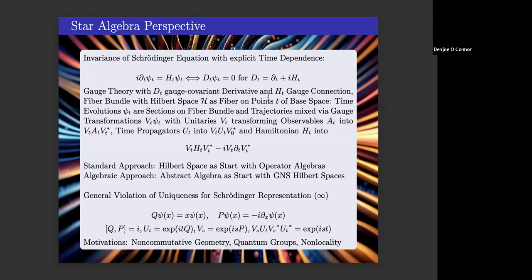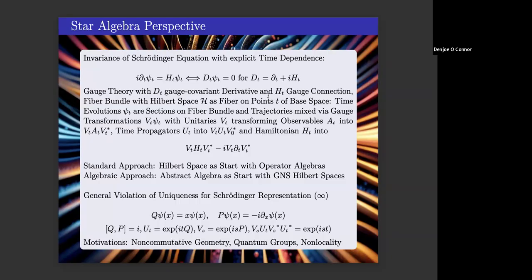And then the time evolutions in this fiber bundle picture are just sections of this fiber bundle, right? This is sometimes used in curvature of this. And most importantly, those trajectories, the different time evolutions, can be mapped into each other via those gauge transformations.